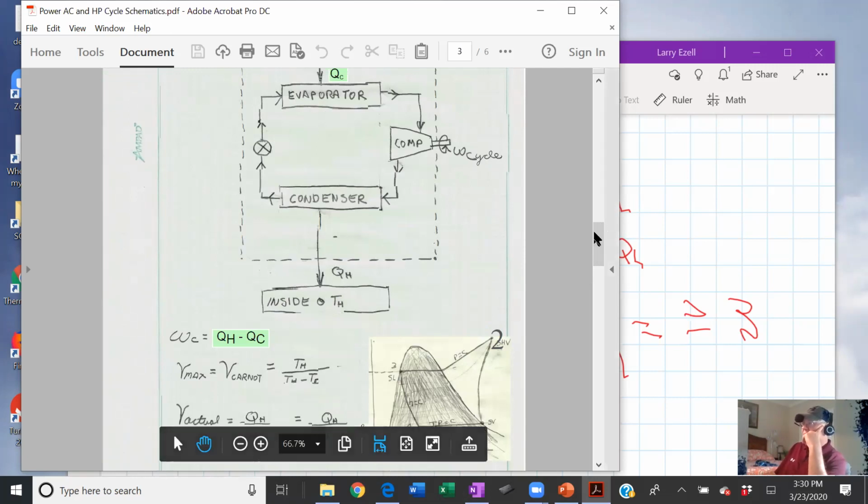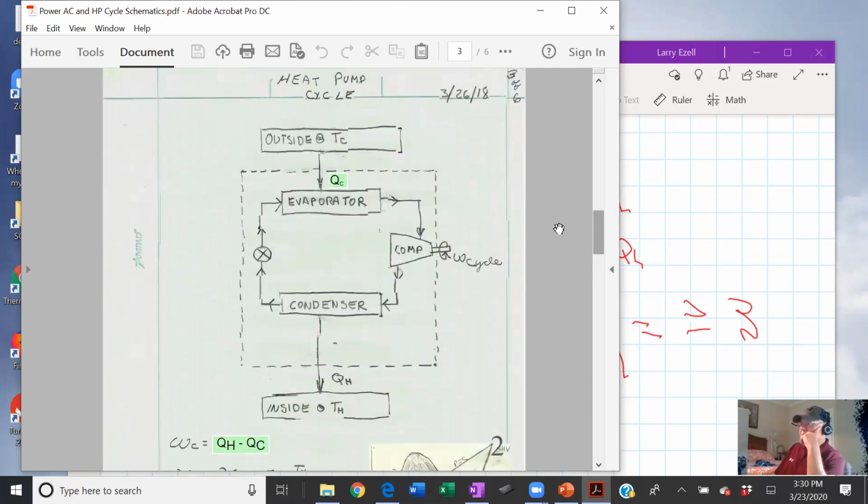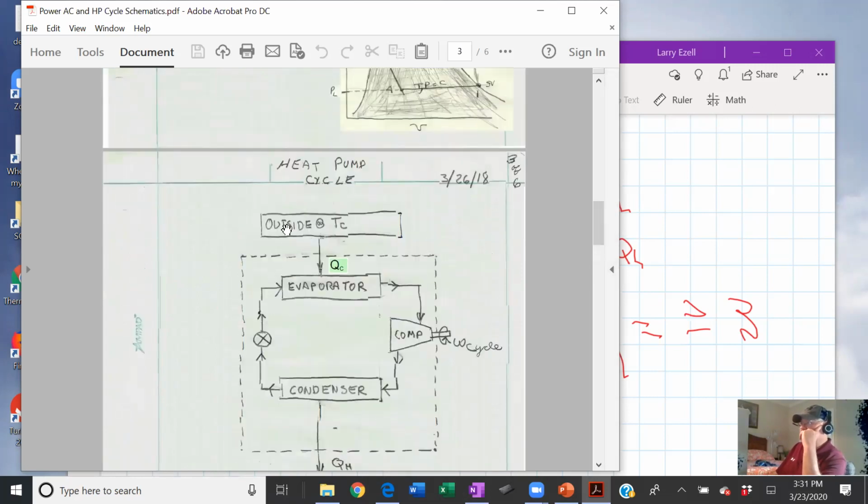And the interesting thing, it produces heat without any kind of flame, just gets the condenser hot. But again, it has the practical limitation of you're trying to pump heat inside here. So that means this outside temperature has to be higher than your fluid refrigerant temperature.